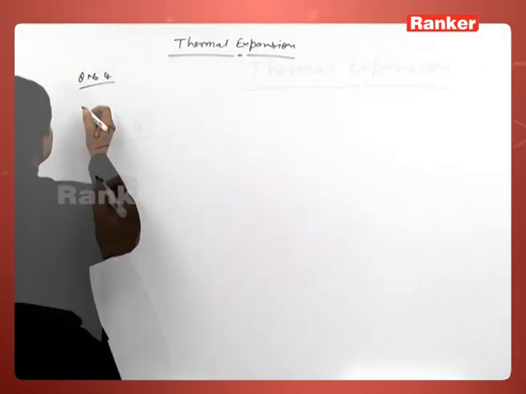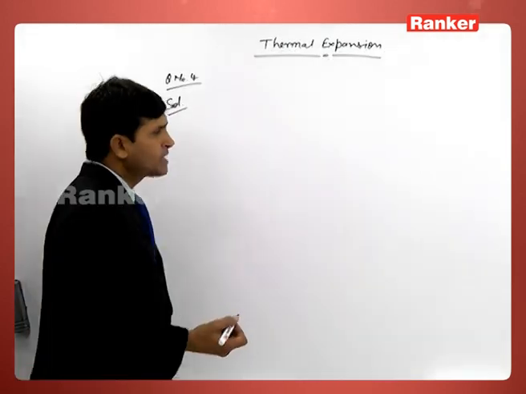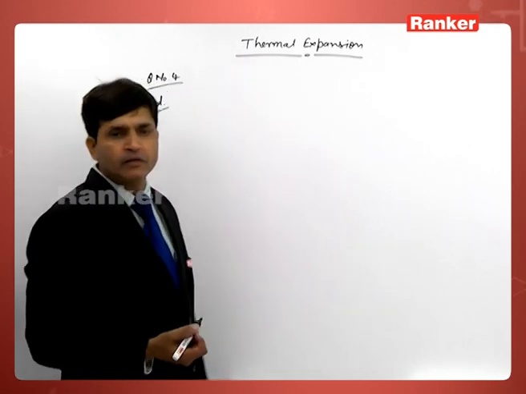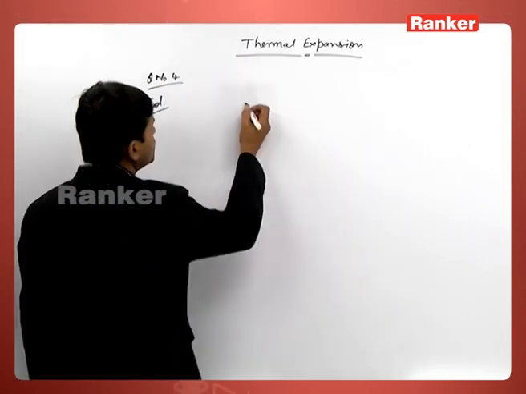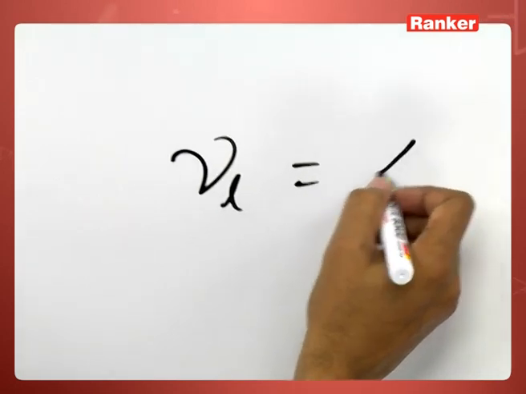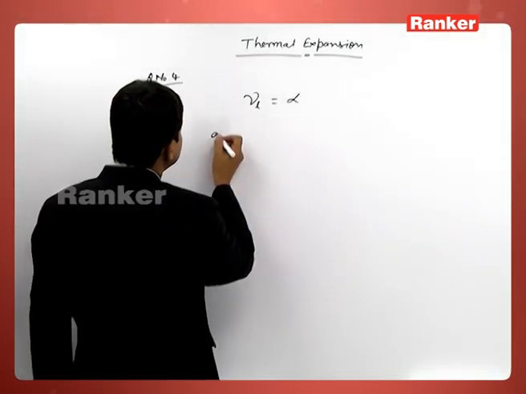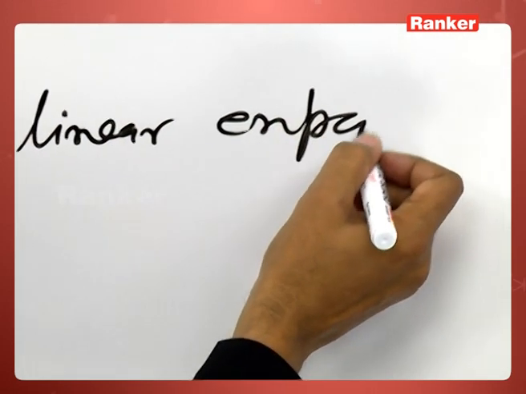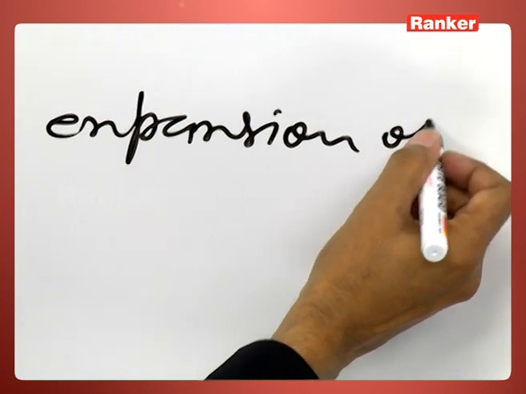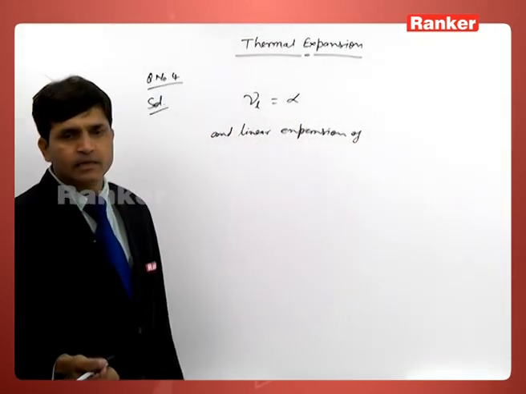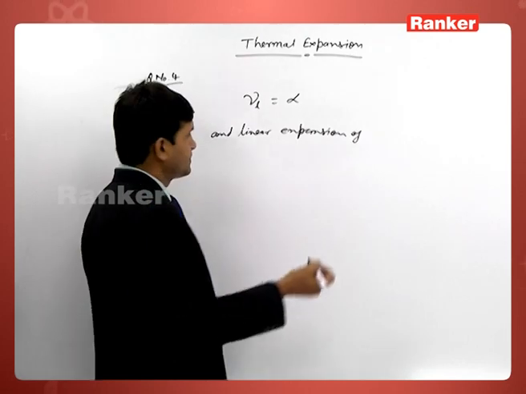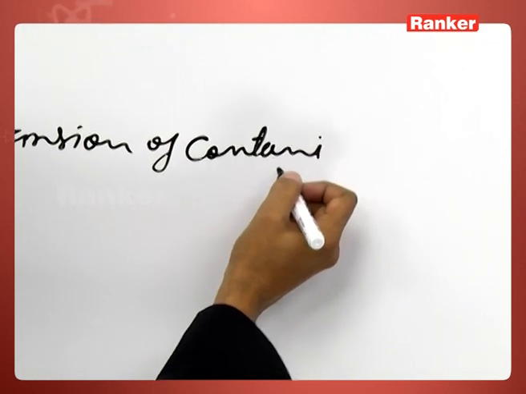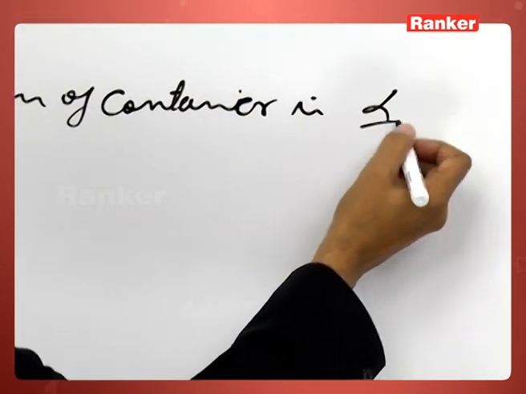See, in this question it is given that the cubical expansion of the liquid is alpha, and the linear expansion of the material of the container is alpha by 3.